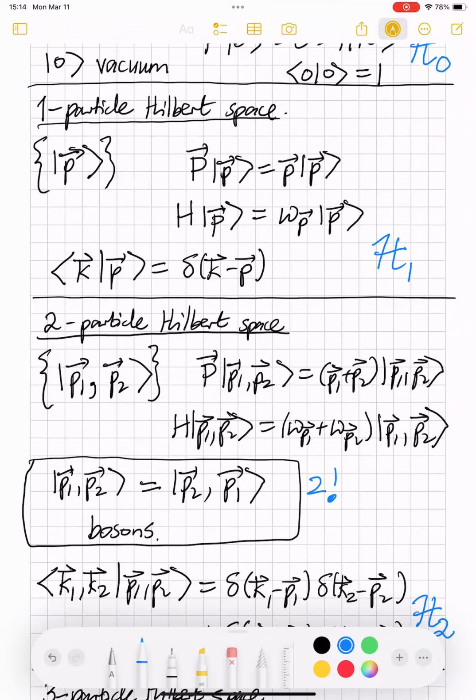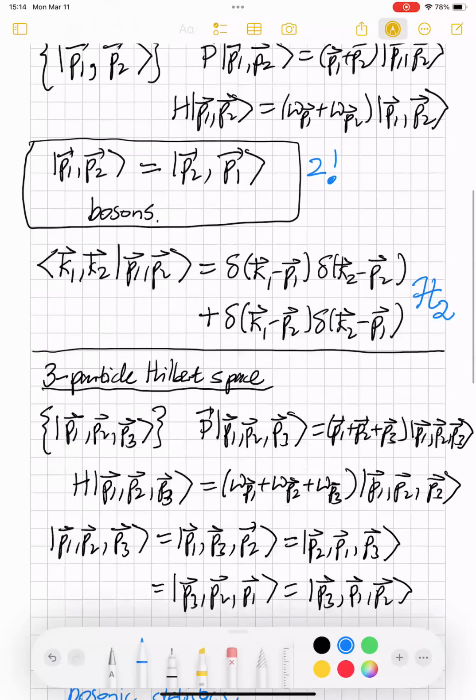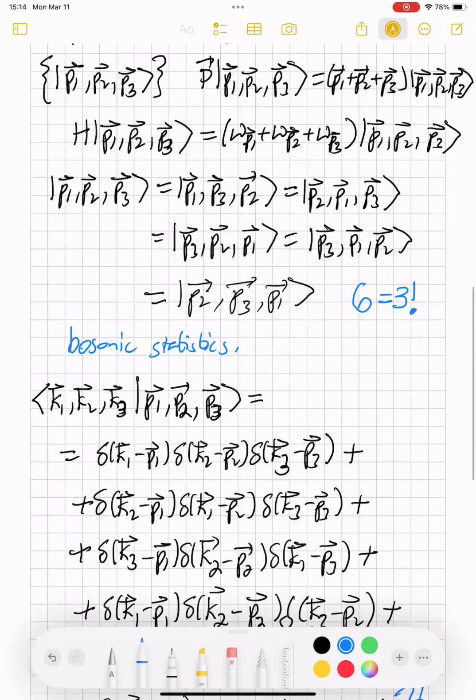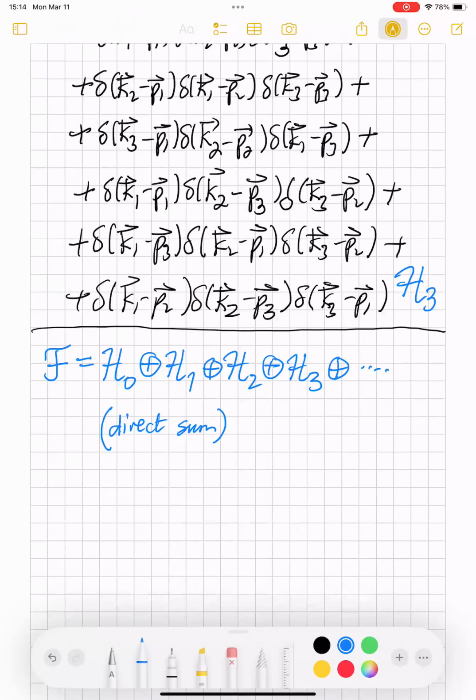So by taking the direct sum of all of these different Hilbert spaces, I'm saying the basis for Fock space is any state in any basis of these different Hilbert spaces, okay? So I'm allowed to add a state of no particles to a state of 3 particles, to a state of 2 particles, to a state of 40 particles. So the particle number certainly is not fixed.